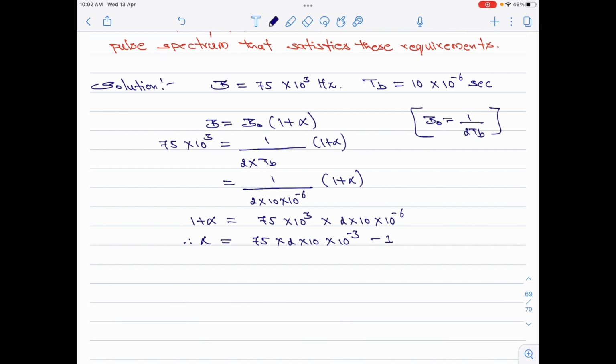After computing, you will find this to be equal to 0.5. This is the answer for the roll-off factor of the raised cosine pulse spectrum, which satisfies the transmission bandwidth of 75 kilohertz and a bit duration of 10 microseconds.